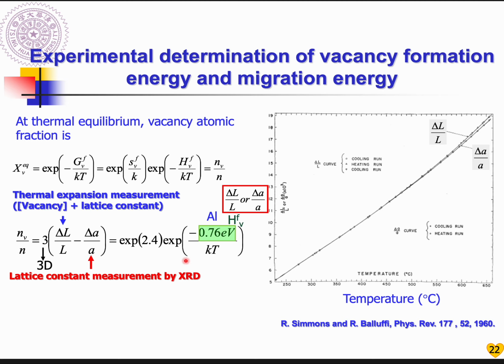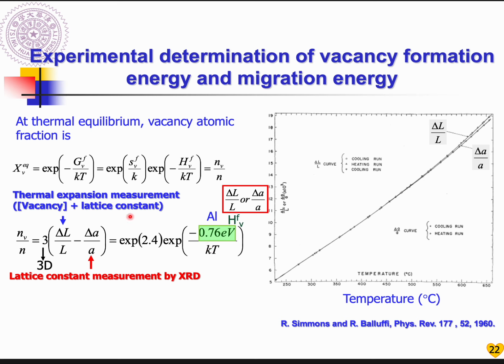Compared to these results, some people will probably ask, Professor, how do you get this fitting? For example, you directly take a log and plot this value versus 1 over T, then you get the slope and the intercept.